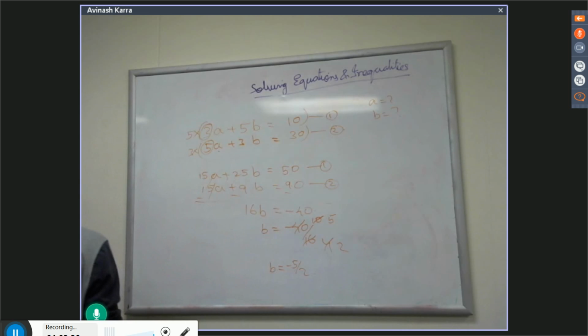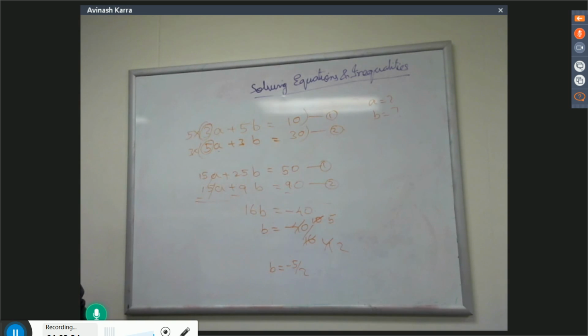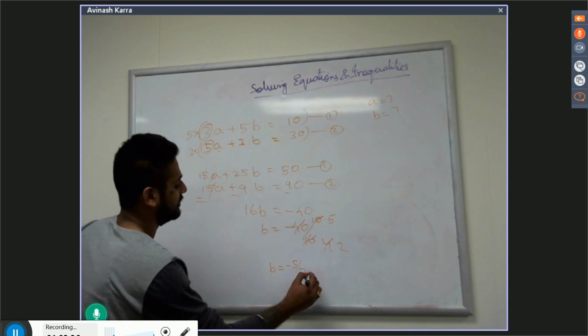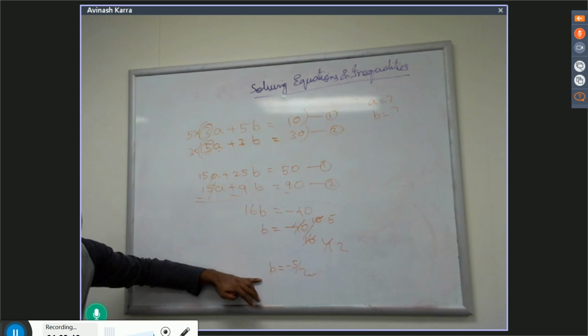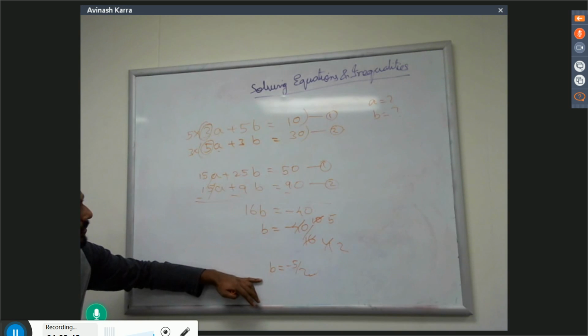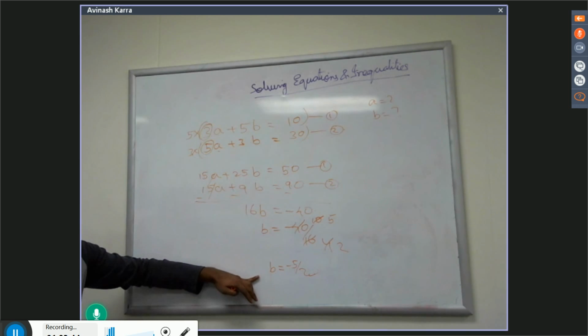Is it right? Yeah, b is equal to negative 5 by 2. It's right. Did you understand till here? Any questions?